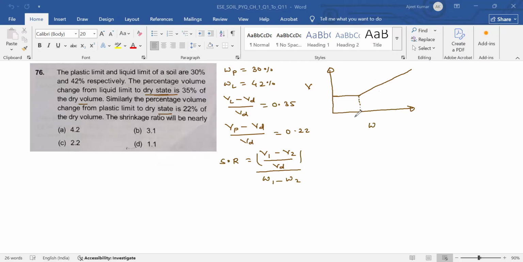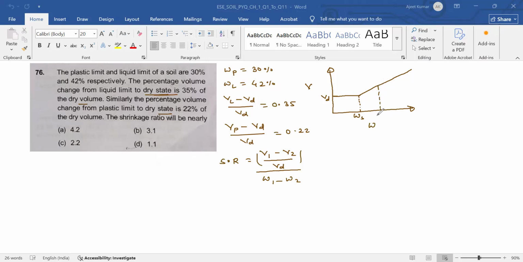This is WS, the shrinkage limit water content, and the corresponding volume is the dry volume Vd.